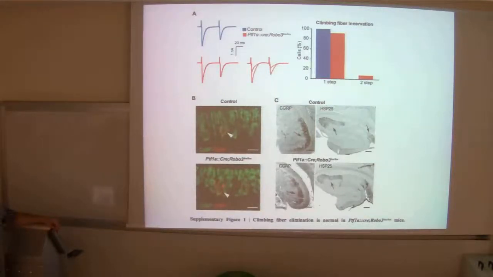So in the competition, they don't die. They retract and they choose another one. Usually they make synapses on several Purkinje cells, and others are also making, and some retract, some stay. It's a very strange phenomenon, but it works. But each Purkinje cell gets input from only one? Yes. One.